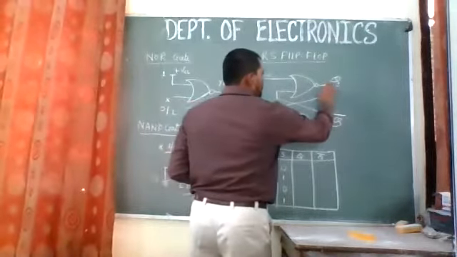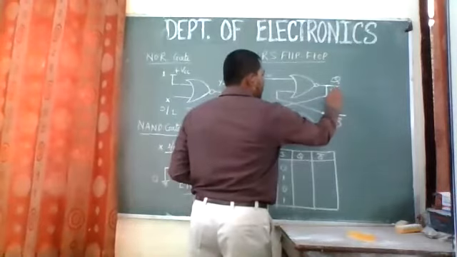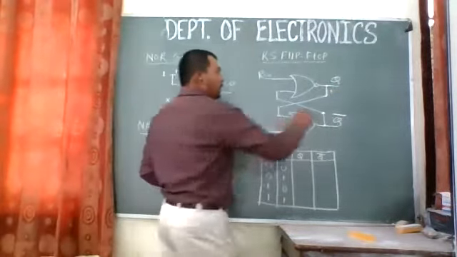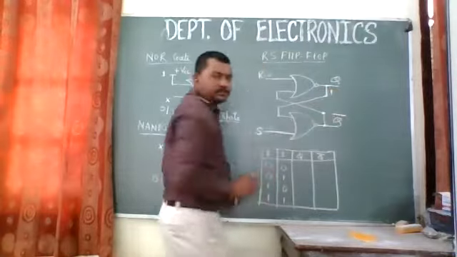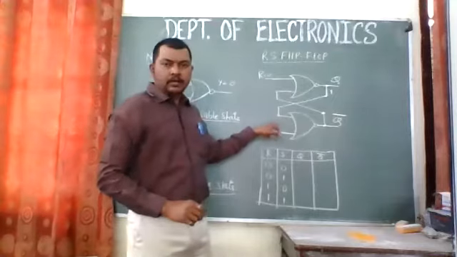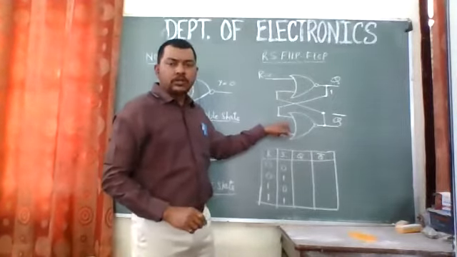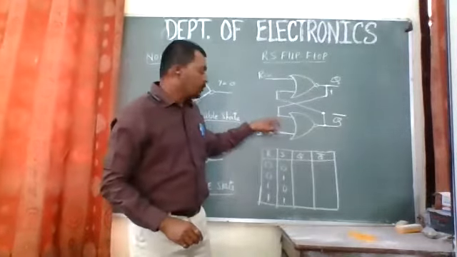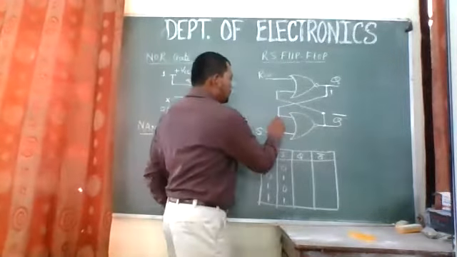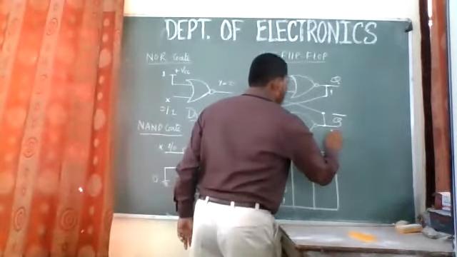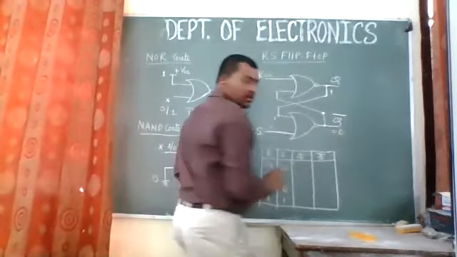If it is 1, which implies that the input to the second NOR gate is high, then this has gone to a disabled state, and this will give you output equal to 0, right?